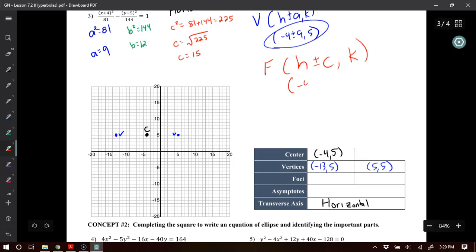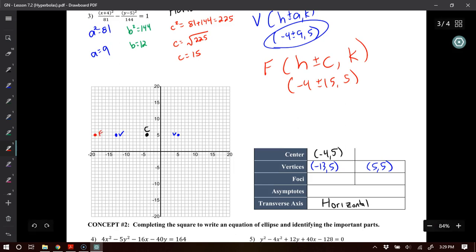And I could plug it in, -4 plus or minus 15 comma k. Sorry, I should probably plug in k. In this case, k is 5. I can use that and just do the math, -4 plus 15, and then -4 minus 15, and I'm done. I prefer to count. So I'm going to go to the left 15 units, which puts me over here.